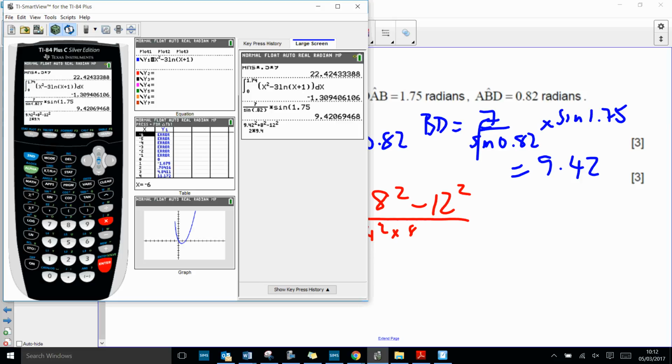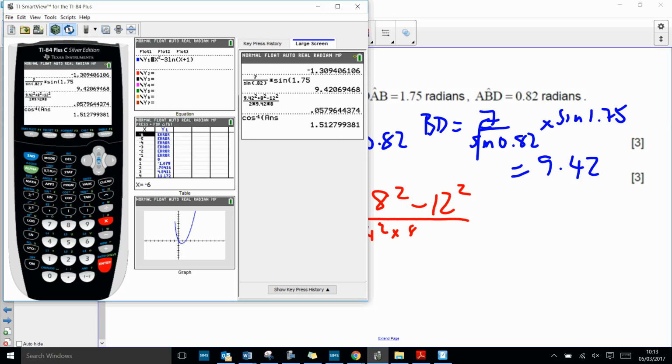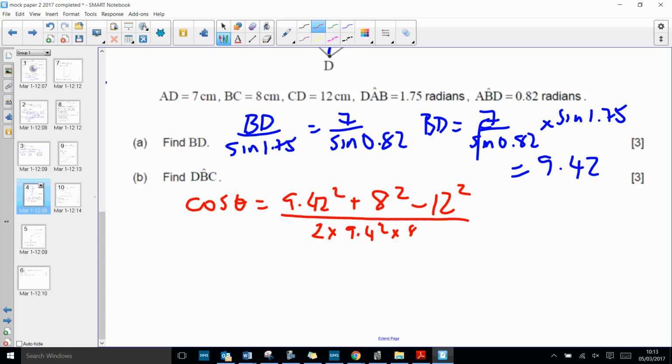Okay, and inverse cos. So theta is 1.51 radians.